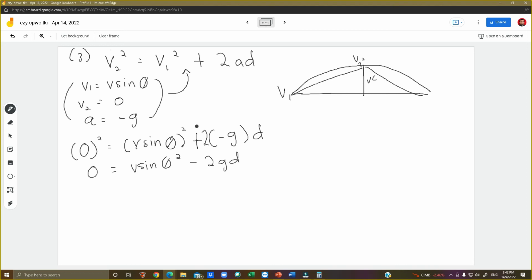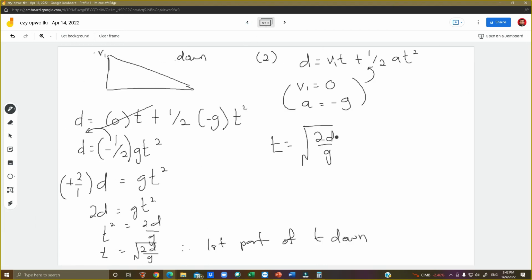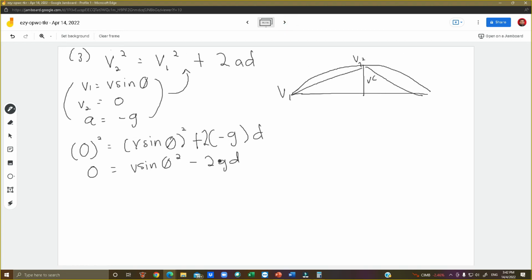Okay. Apa yang sama dekat sini dengan belakang? We have D. Okay. Jadi kita nak keluarkan D ni dulu. So this D kita transfer. So we have 2GD equals to V sin theta square. So D is V sin theta square over 2G.